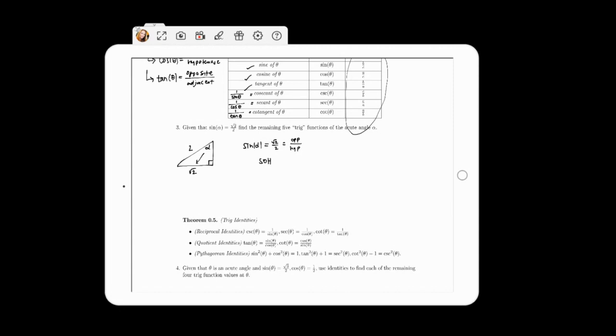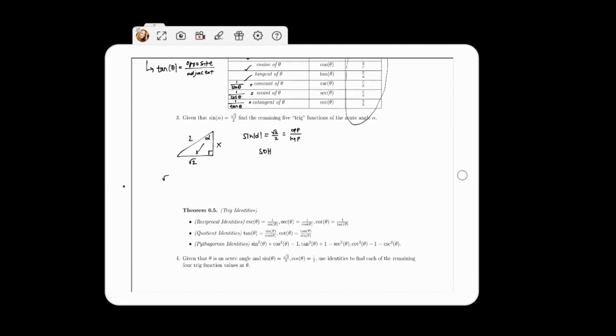So I can find the adjacent side, which I need, as in problem number 1, by using the Pythagorean theorem. So I know that root 2 squared plus x squared is equal to 2 squared by the Pythagorean theorem. I can simplify this and then use the square root method to solve for x.